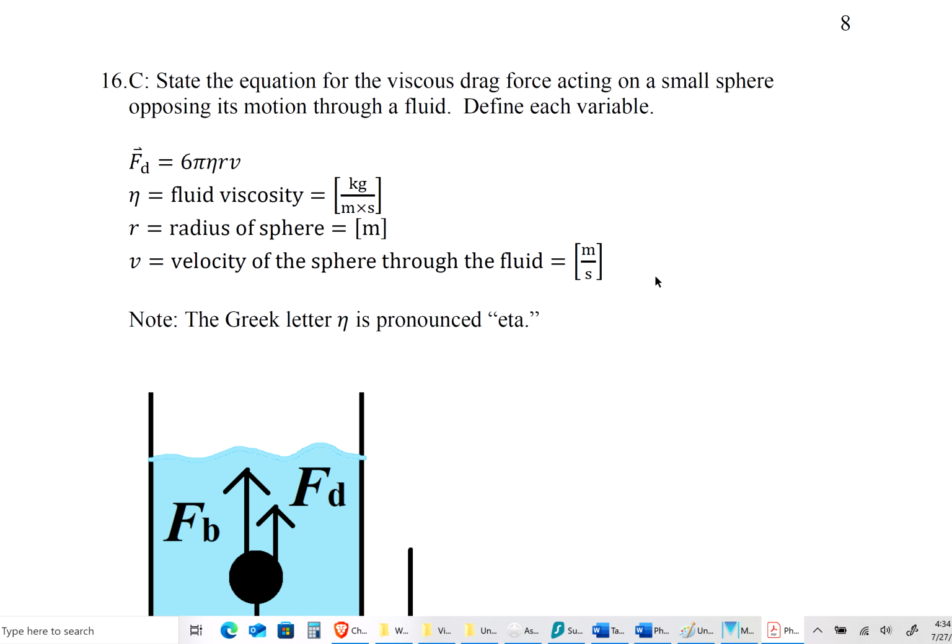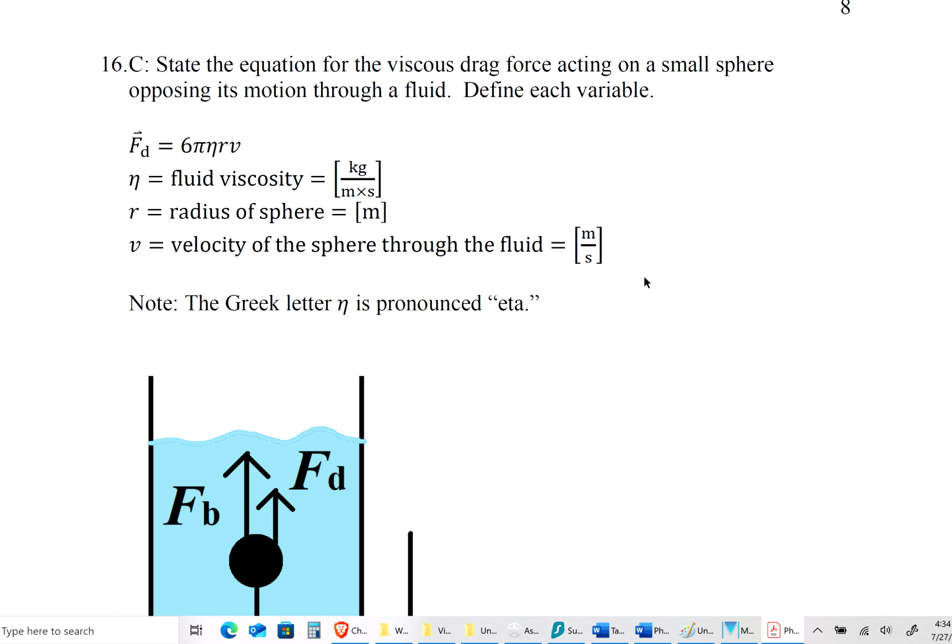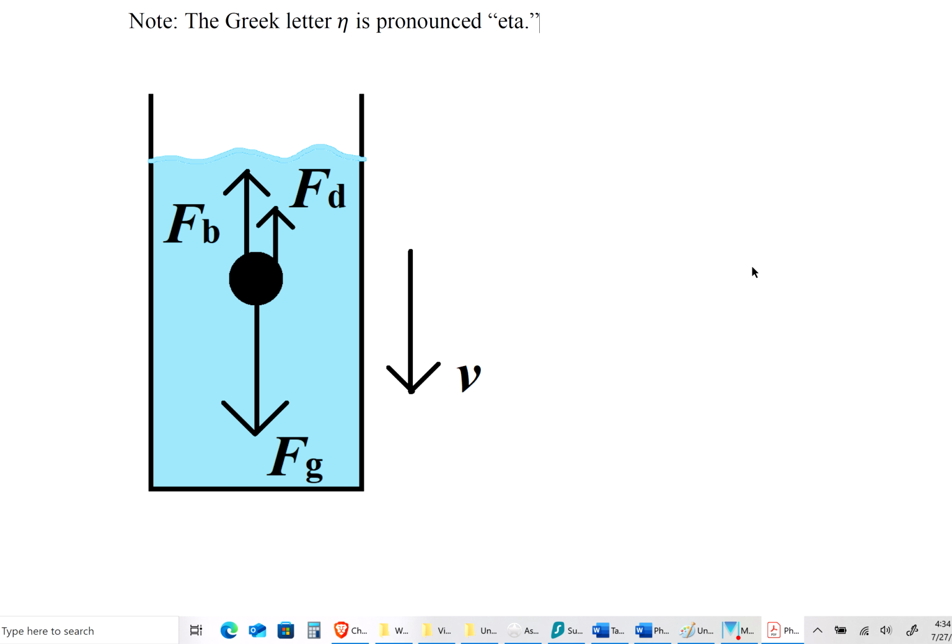The thicker the fluid is, the greater the fluid viscosity is. R is the radius of the sphere, V is the velocity of the sphere through the fluid. The Greek letter eta looks like the letter n. Imagine the sphere moving down. The force of gravity is down. Buoyant force is up. Force of drag is up.